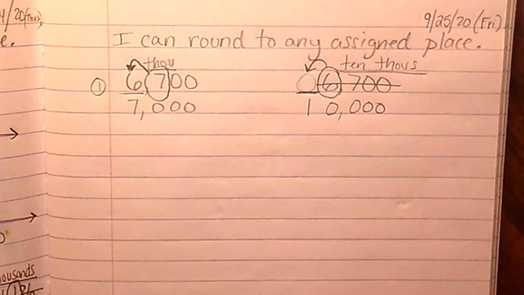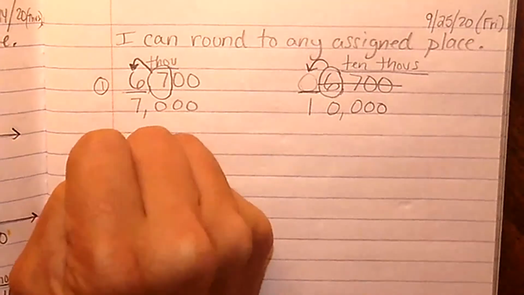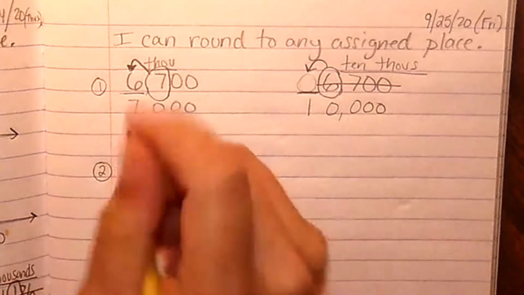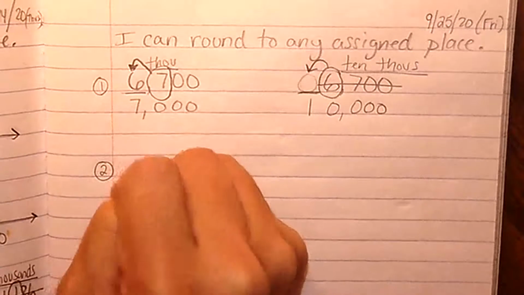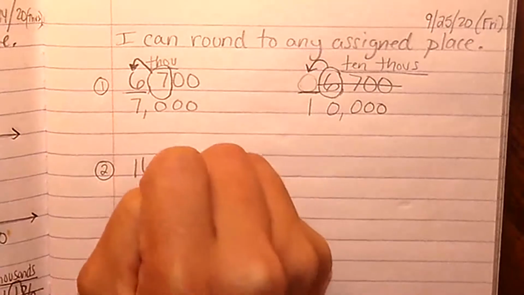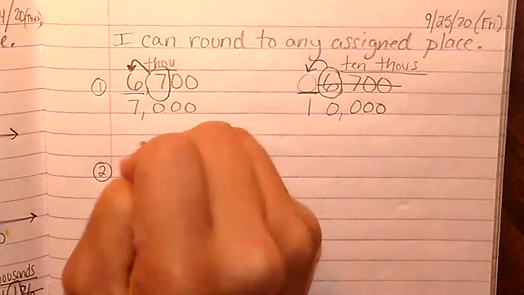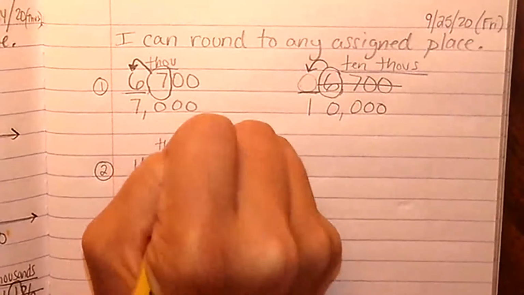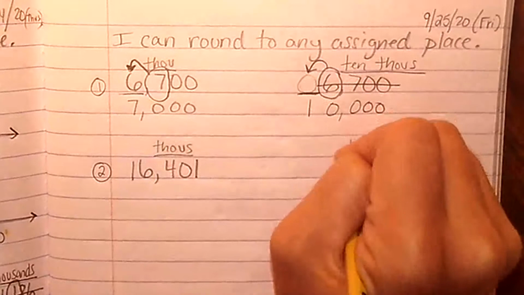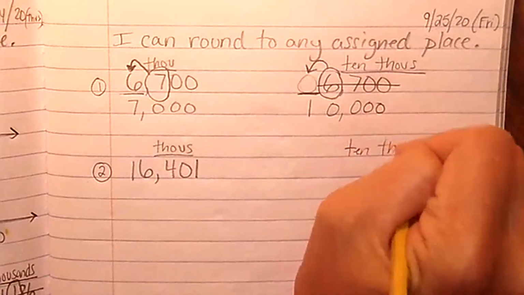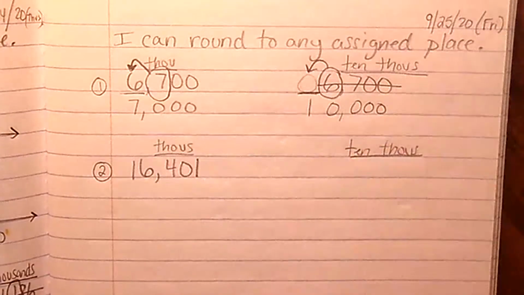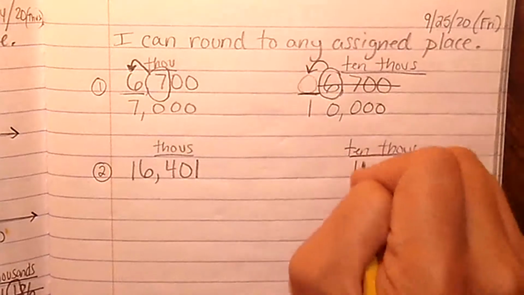Let's try another one. 16,401. And I'm going to round again to the nearest thousands place. And then I'm going to round to the 10,000s. So if I want to round it twice, I have to write it twice, don't I?